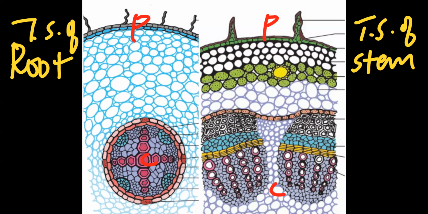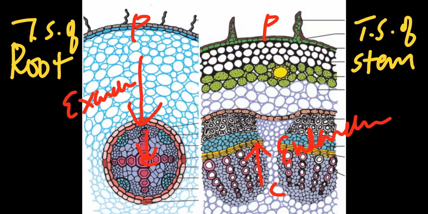Now you can see that it is the exarch arrangement from periphery to center. Obviously, not from here; you have to look from here to here. And here, from center to periphery. So this is the endarch development of xylem. Compare and understand both.